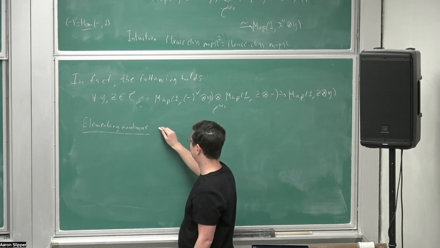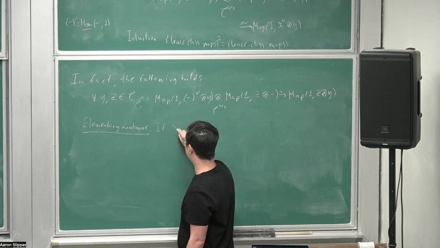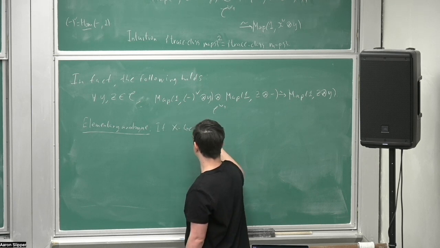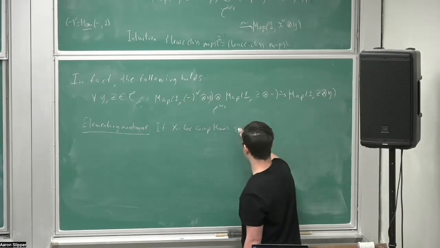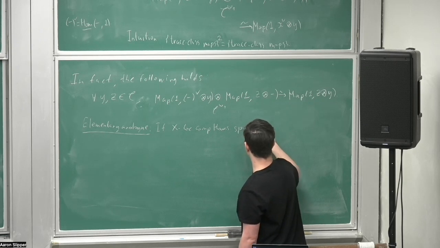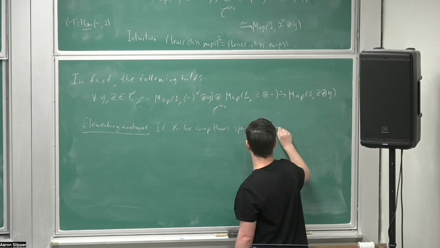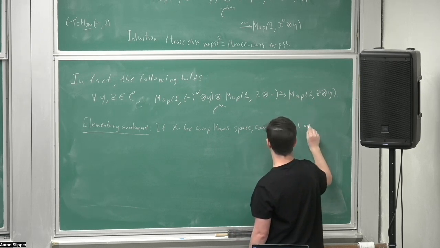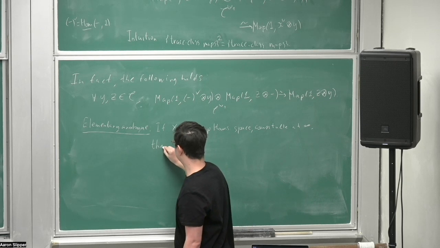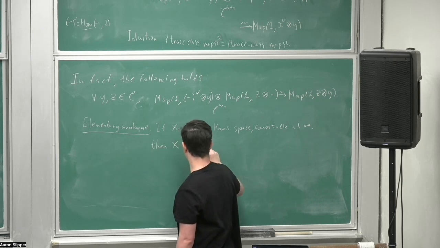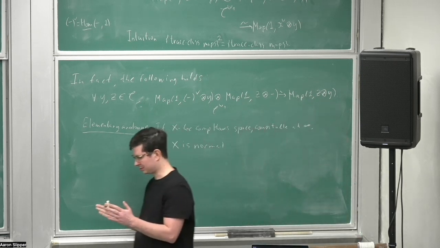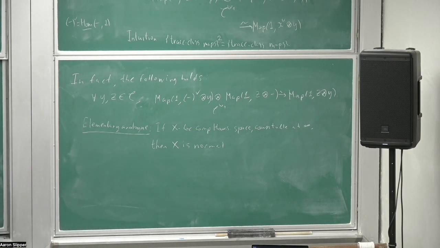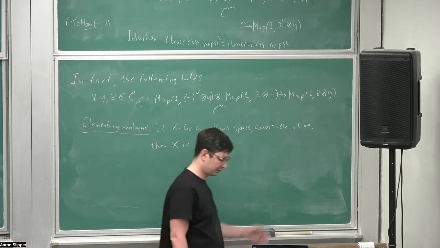The elementary analog is the following: if X is a locally compact Hausdorff space, countable at infinity, then X is normal. So for any closed disjoint subsets, you can find disjoint open neighborhoods. This is the usual notion of normality of a topological space.